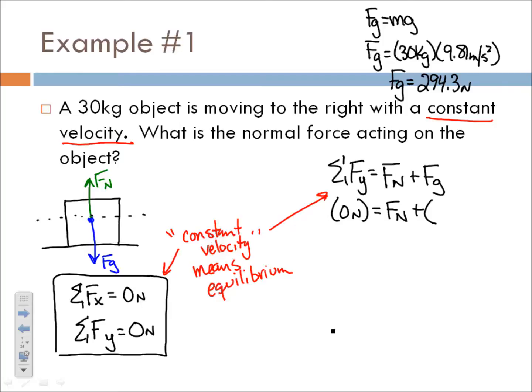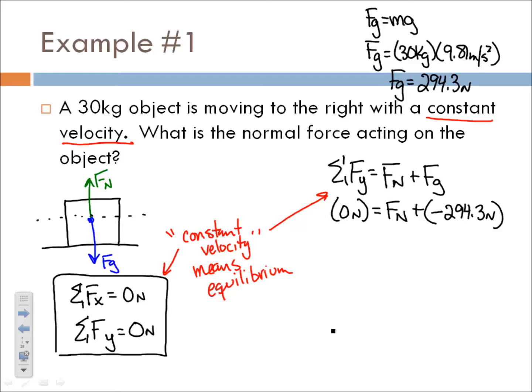So I'm going to use that as my gravitational force. But in my picture, the gravitational force is pointed downward, and we know that down is in the negative direction.